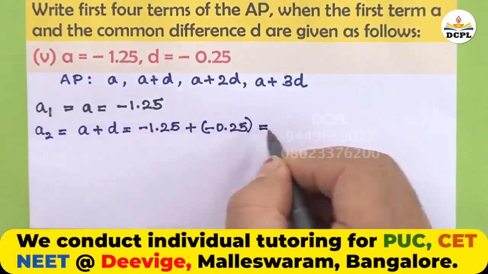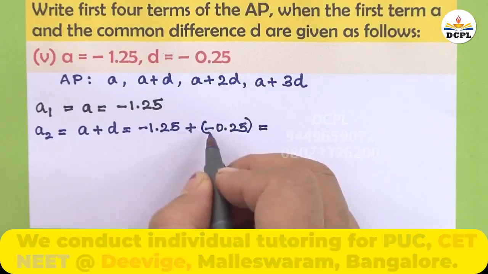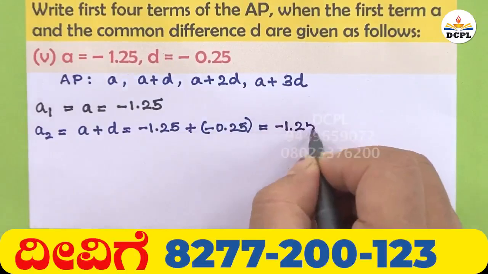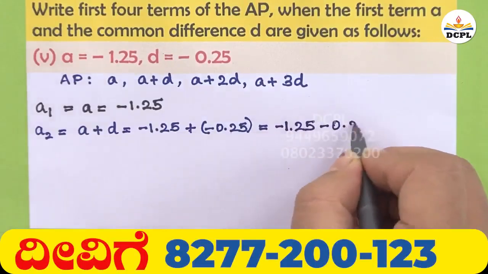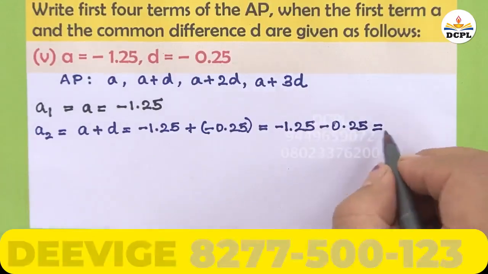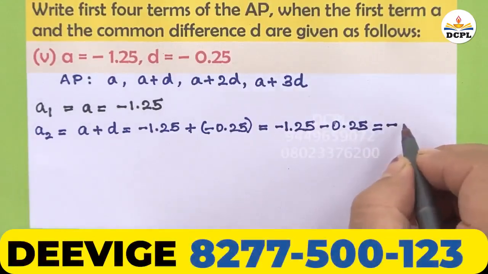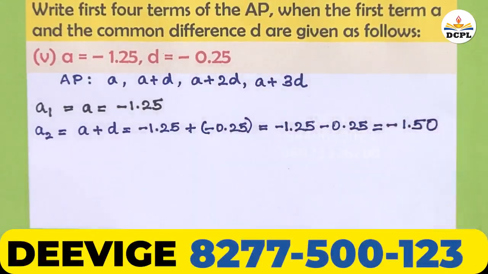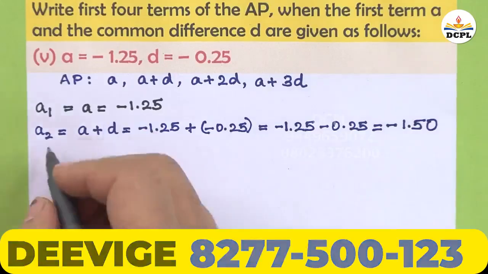If you are familiar, plus into minus is going to give you a minus. So minus 1.25 minus 0.25. Since they are both like terms, we will add and put the minus symbol. So here we get minus 1.50.